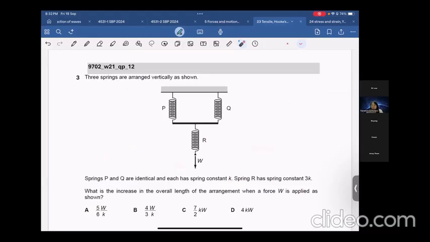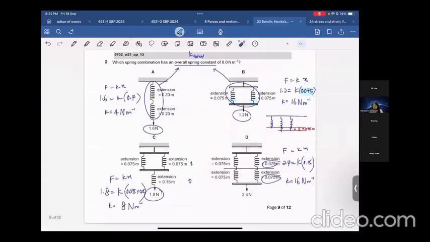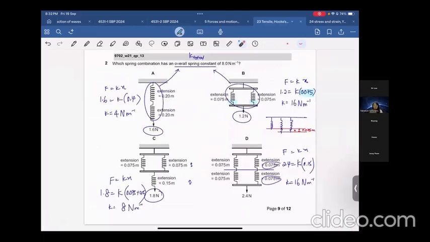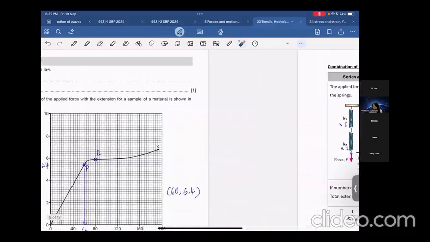Extension, we don't add up. Can you go to the notes? Where are the notes there? Is it this? Prasan, is it this? Three springs are arranged. No, which one is it? This one? Combination. Is it this?